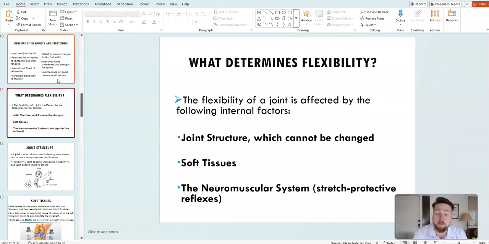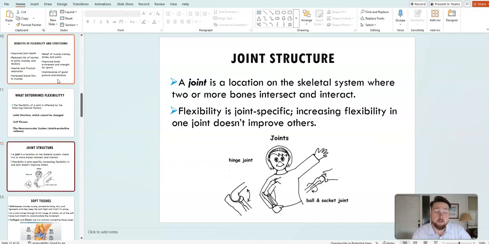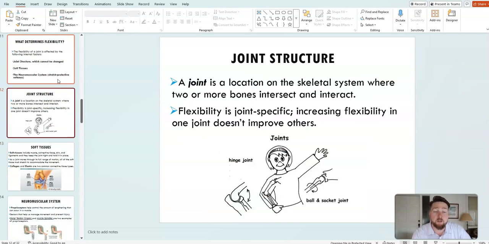Some people might be more flexible in their shoulders than others. You can't change the main structure of your joints. You have to go by the hand that you're dealt. Okay, so make sure y'all know what a joint is.